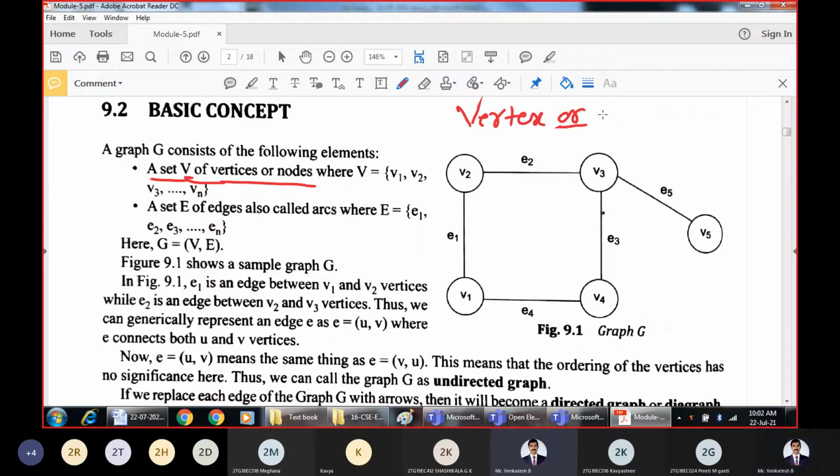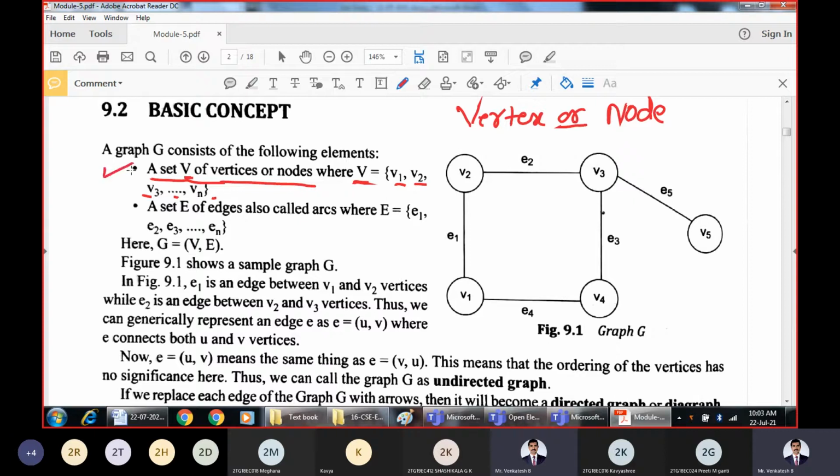All these nodes are stored in a set called V. For example, there can be any n number of nodes in a graph, V1, V2, V3, and so on up to Vn. So there are n number of vertices in a graph. A graph is also one type of tree only. We'll come to know later.